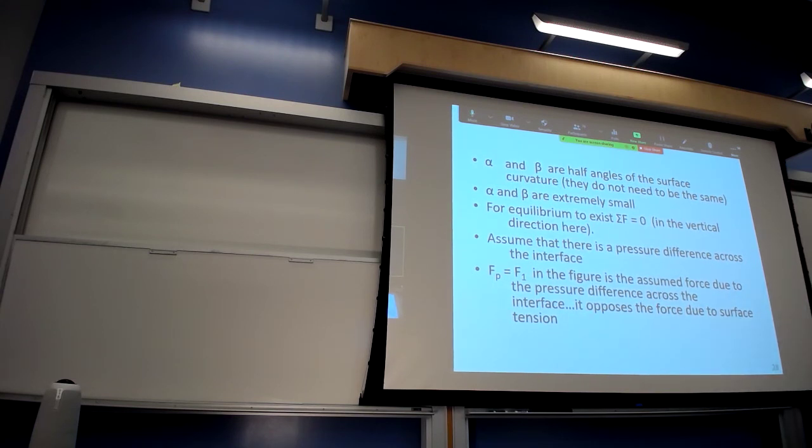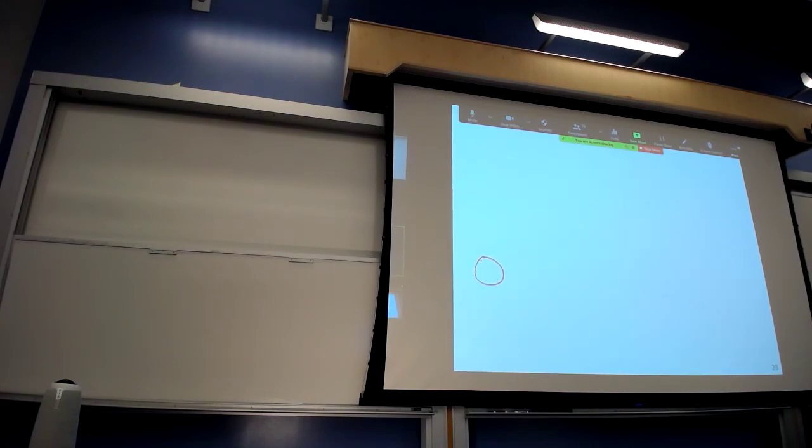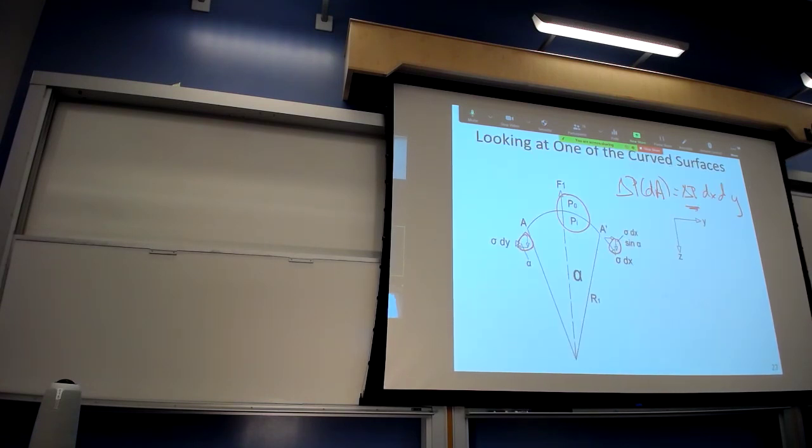If there is no difference, I'm just going to go back a slide. If there is no difference across the interface, then there is no change in pressure across the interface, then surface tension is not an issue. Okay, so again, we're just making this assumption that we're trying to explain why that interface is curved.